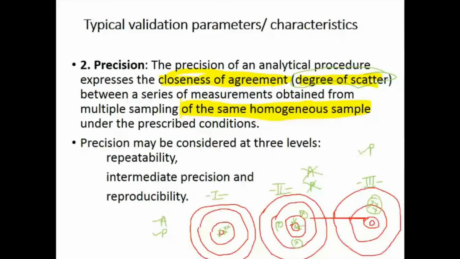In the third case, the readings are precise, but although they are close to each other, they are away from the bullseye, so there is no accuracy. I hope the concept of accuracy and precision is clear to you. A student asks: Sir, the first one is precise and accurate both? Yes, it is accurate also and precise also.